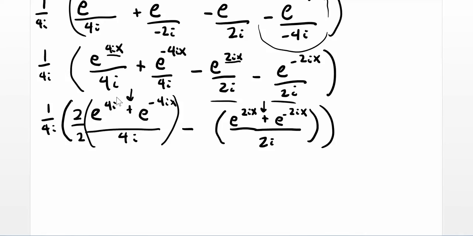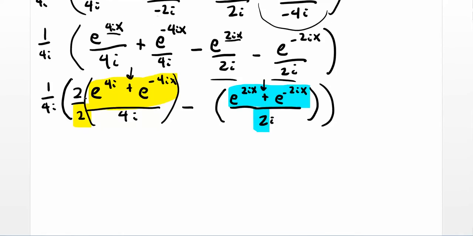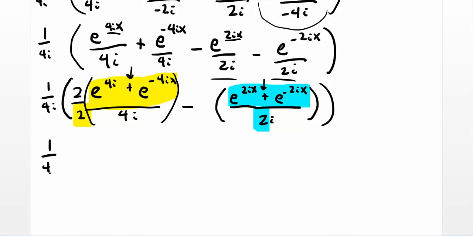The reason I do that now is because this 2 and these terms will become cosine. Similarly, this 2 and these terms will become cosine as well. I can multiply by 2 over 2 because 2 over 2 is just 1. It's not changing anything.